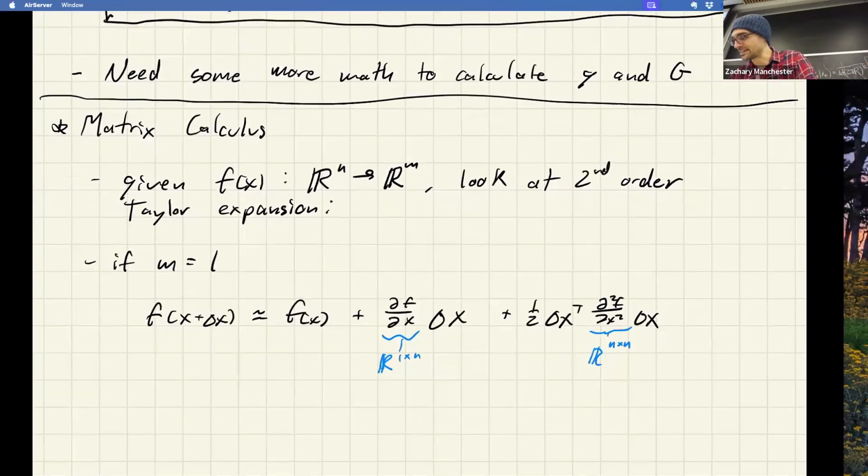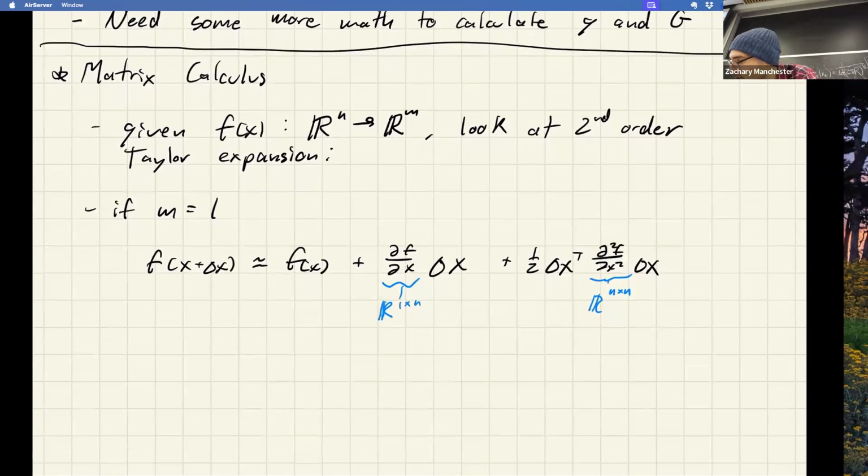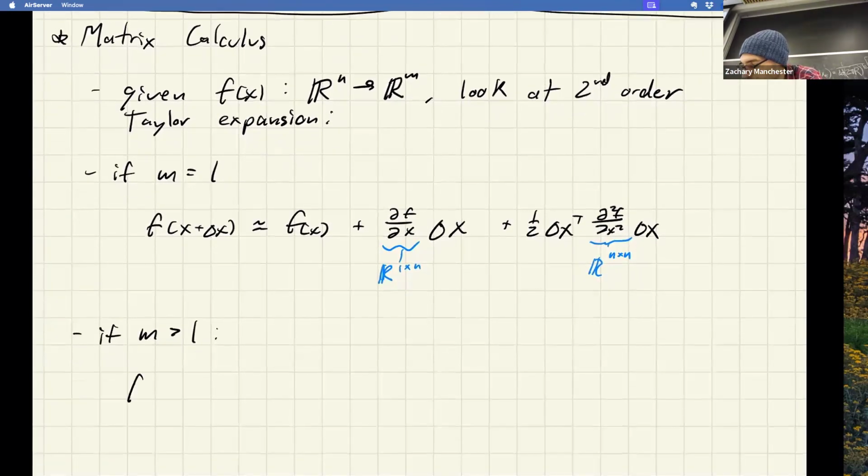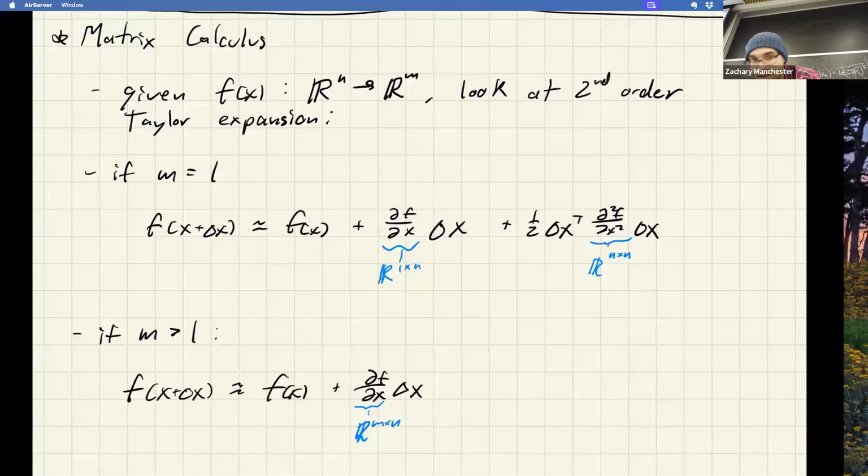But what if we're talking about a dynamics function where it also spits out a vector? Let's write that out. Say m is greater than 1. We've got our f of x, then our first derivative term, df dx. For us, if this is a dynamics function, this is that A matrix, so it's already a matrix, m by n. Now the second term in this Taylor expansion is something I'll write out in a way that's correct but unwieldy.